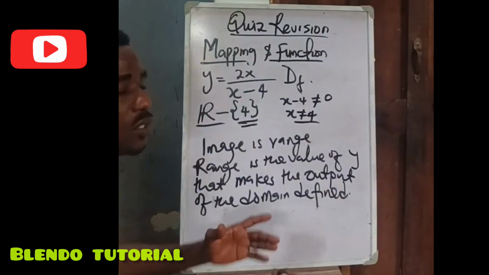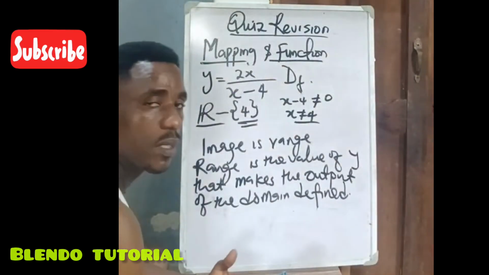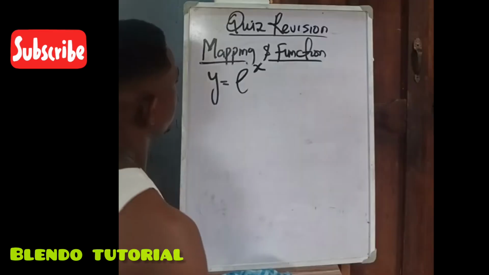So when we talk about it, domain is the input, range is the output.